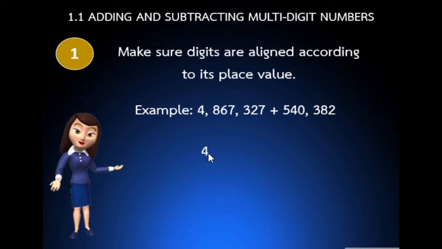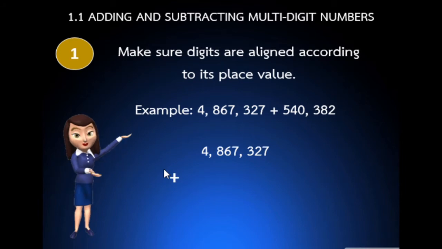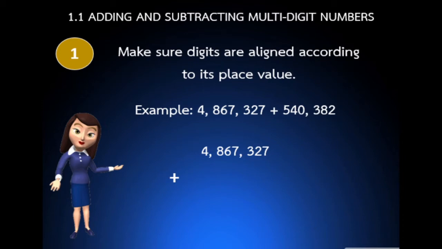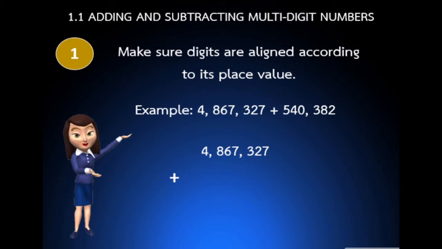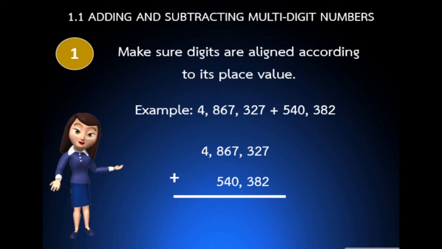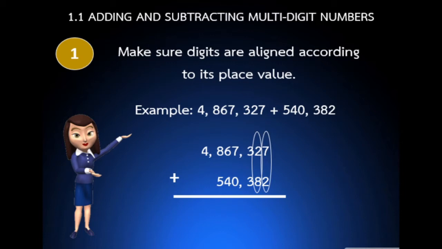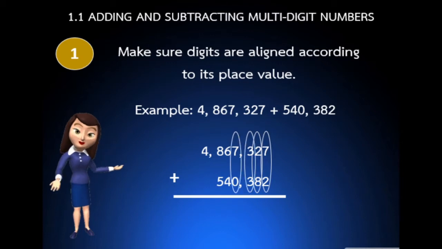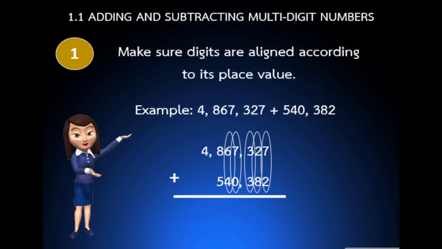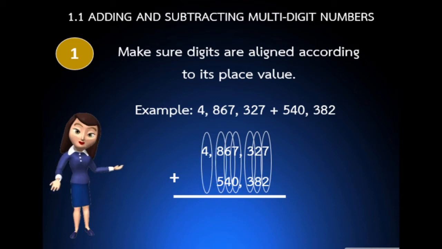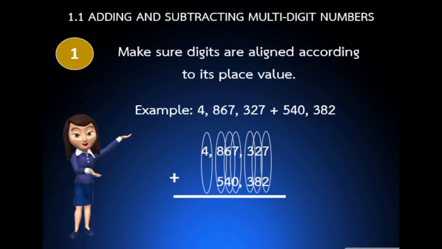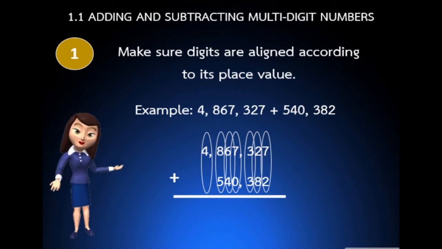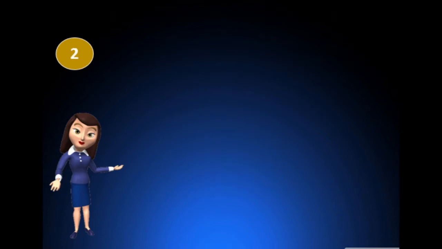Step 1 looks like this. We have to make sure that the place values of each number are aligned. They all should be aligned to get the correct answer. Clear? That is step 1.